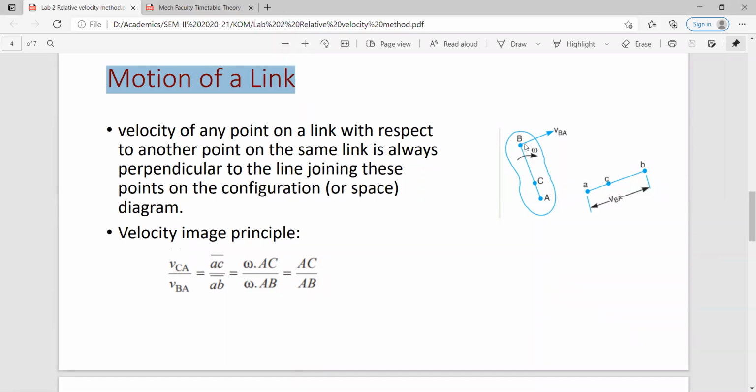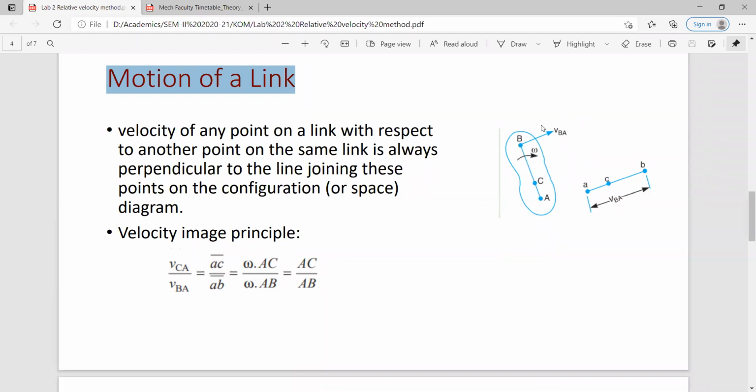This concept that if the 2 points are on the same link, for example here, and if you write the velocity of one point, for example, velocity of point B with respect to point A, then the direction of this velocity will always be perpendicular to the line which is joining the points A and B.